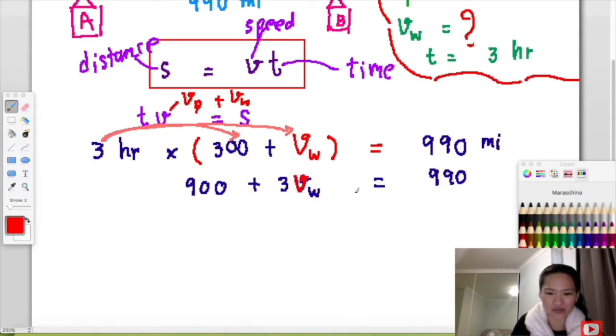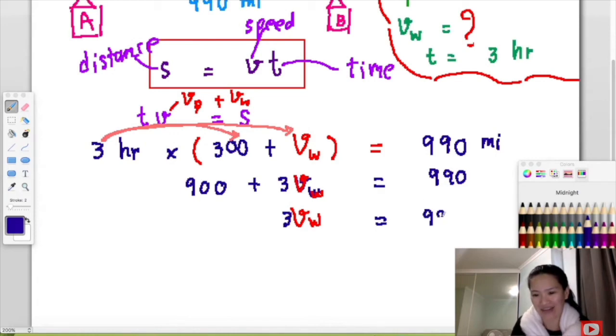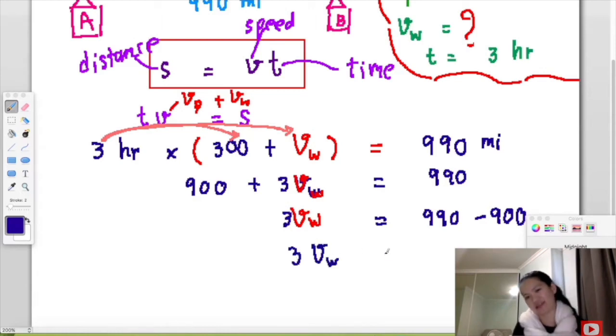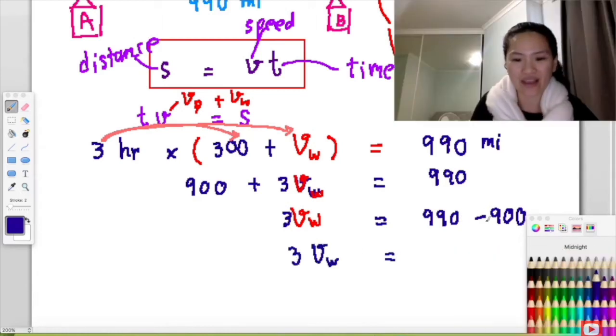Well, 3 VW equal, you put 900 to another side of the equation. From positive turn to be negative. Negative 900, like this. So 3 VW equal 990 minus 900 is 90.